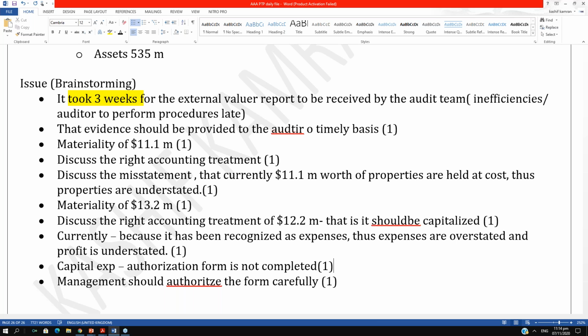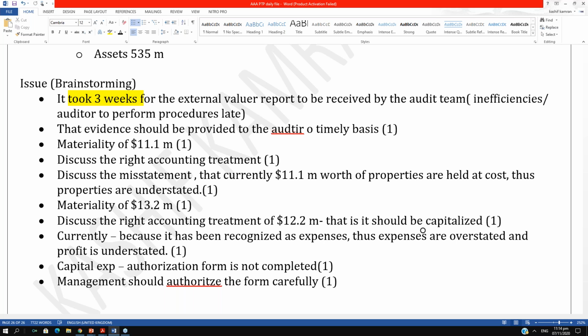So is everyone clear? If a question comes on matters to be included in a report to those charged with governance, you will be identifying the matters to be communicated from the case study. If you find the materiality, you will get 1 mark. If you find a wrong accounting treatment, you will get marks.